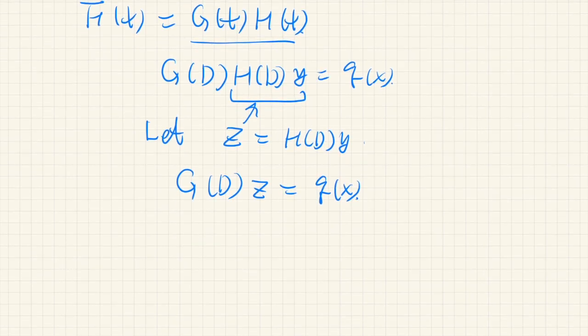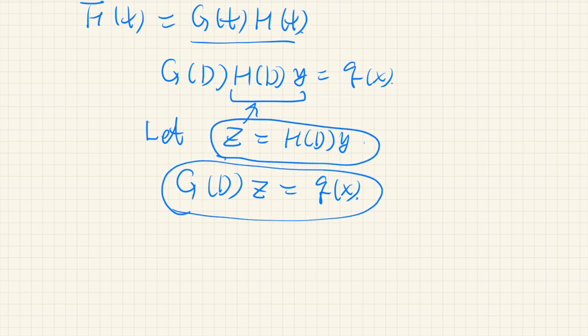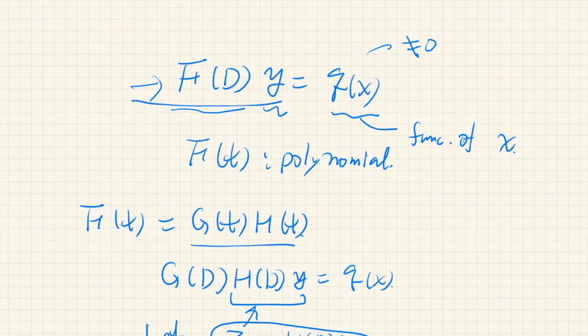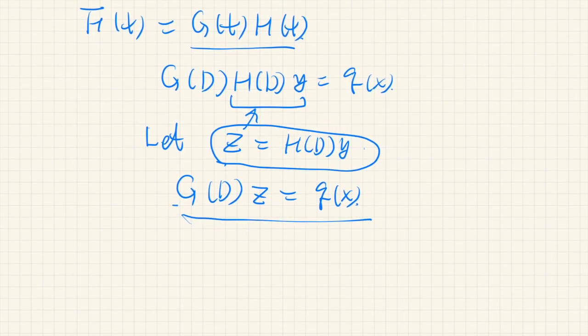Okay, so here's one differential equation and here's another. If we solve this differential equation first, which is supposedly simpler than the original because this factor is simpler than the original f of D, we get the function z of x.